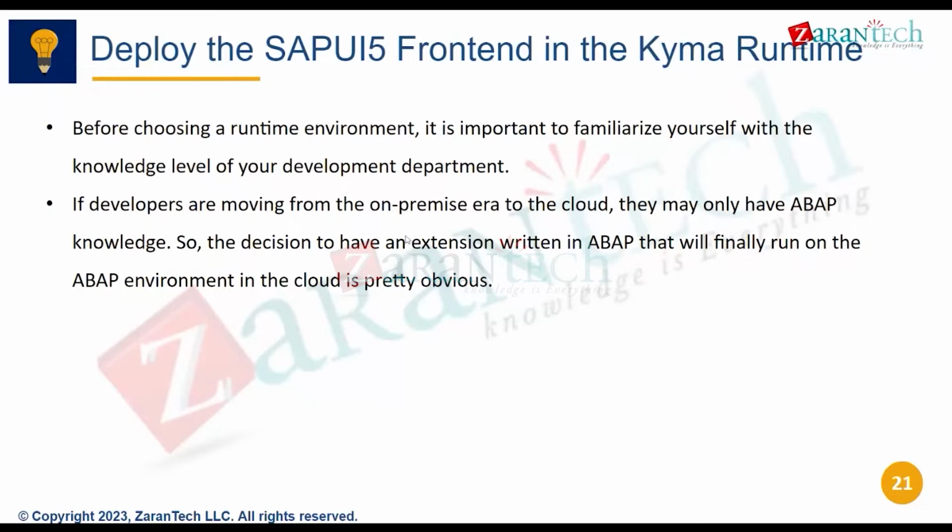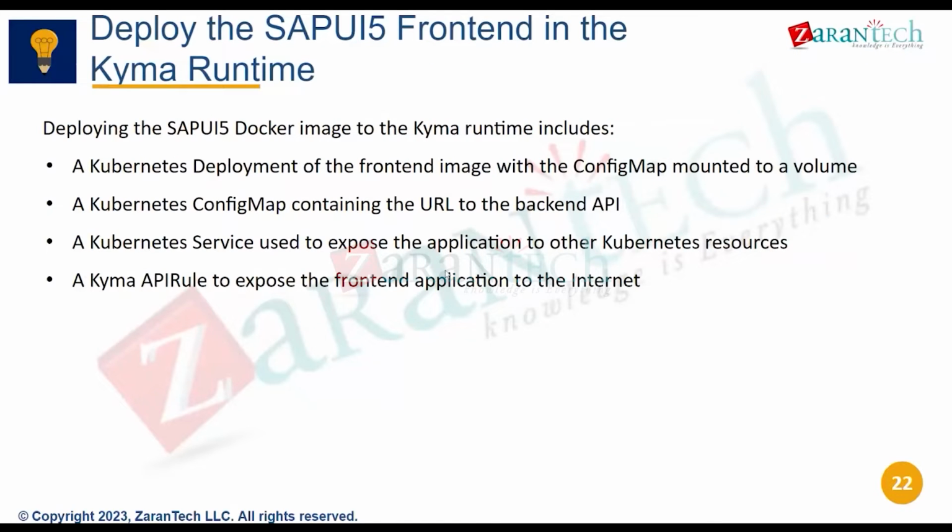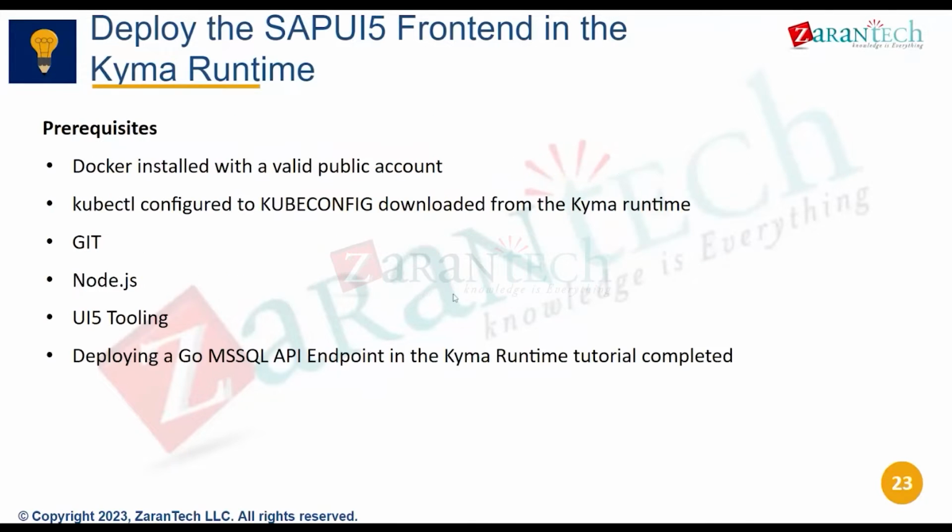Okay, the prerequisites. I'll post the links in some time, and the same thing will go to the SAP Wi-Fi as well. Git, Node.js, UI5 tooling, everything is available inside the BAS. Docker installation is separate, and that is required for Kyma.